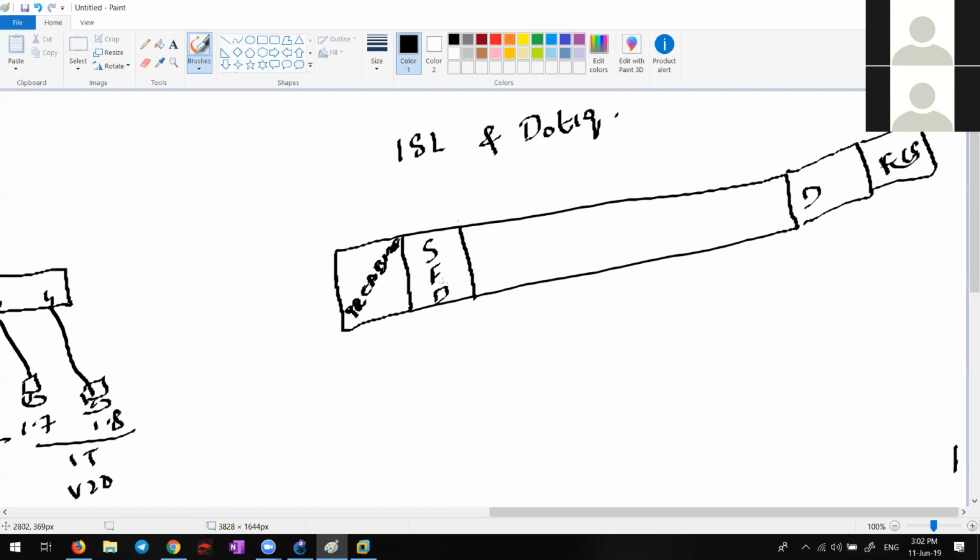Then destination MAC address, then source MAC address, then type, 0x00 something will be there. So this is how the frame will be.